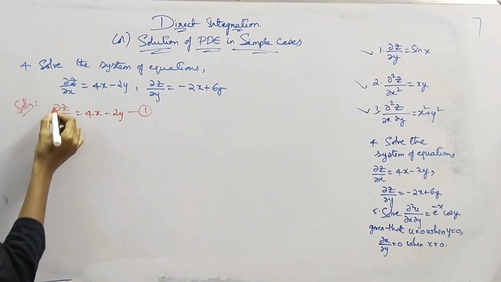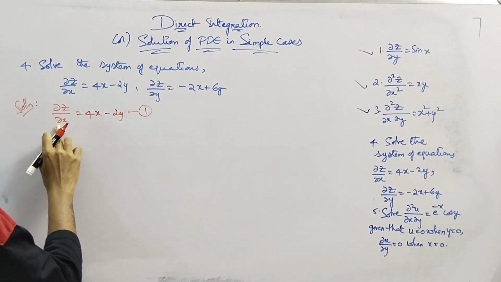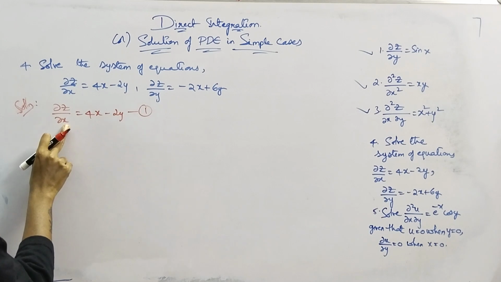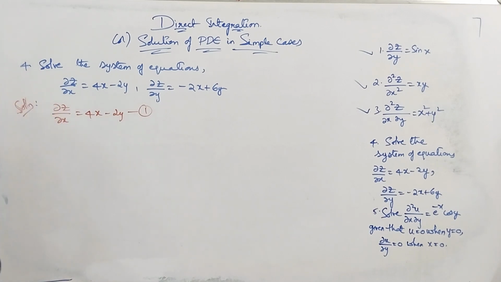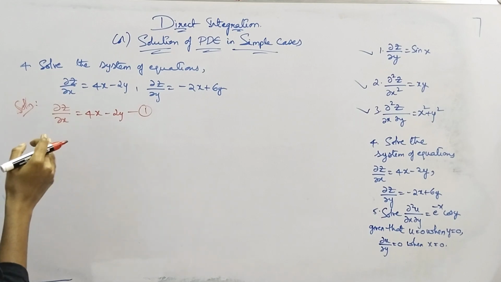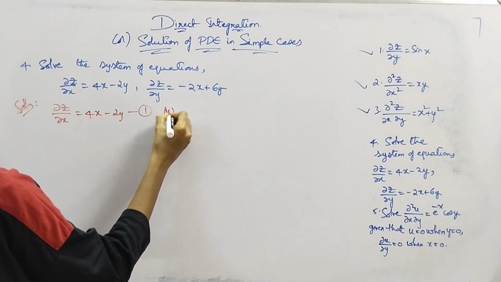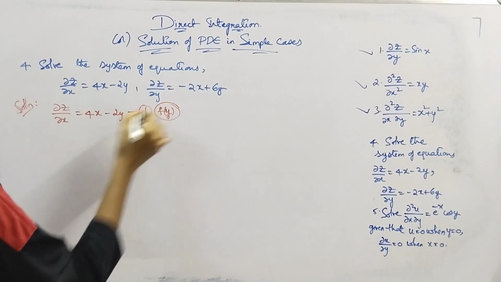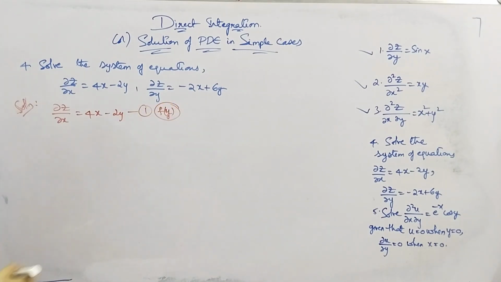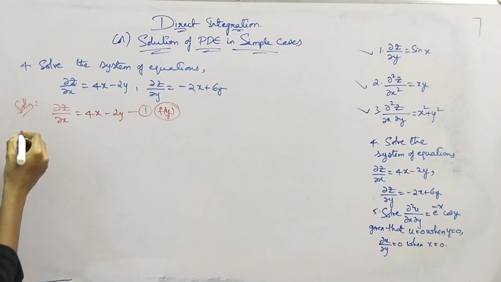Okay, so now we're having dou z by dou x, right? So we can integrate partially with respect to x, right? If we integrate partially with respect to x, we'll treat y as constant and we'll get a constant of integration which is in terms of y, right? A function of y, say f of y. So we'll get constant of integration f of y here, right?